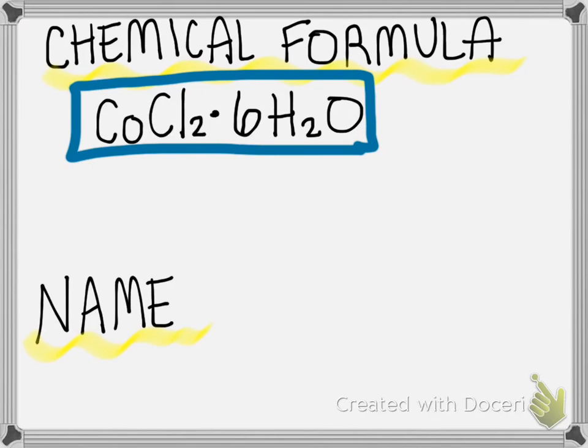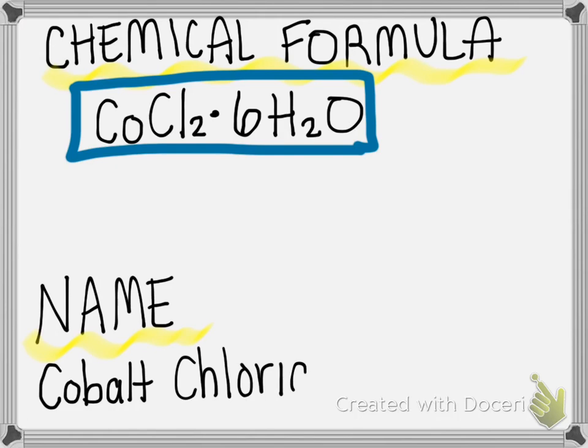The last part they're asking for is the name. To find the name, you're naming the formula. You have CoCl2, which is cobalt chloride, so you can write that. And then, to name the rest, the 6 H2Os, there's a numbering system 1 through 10, which is mono, di, tri, tetra, penta, hexa, hepta, octa, nona, and deca.